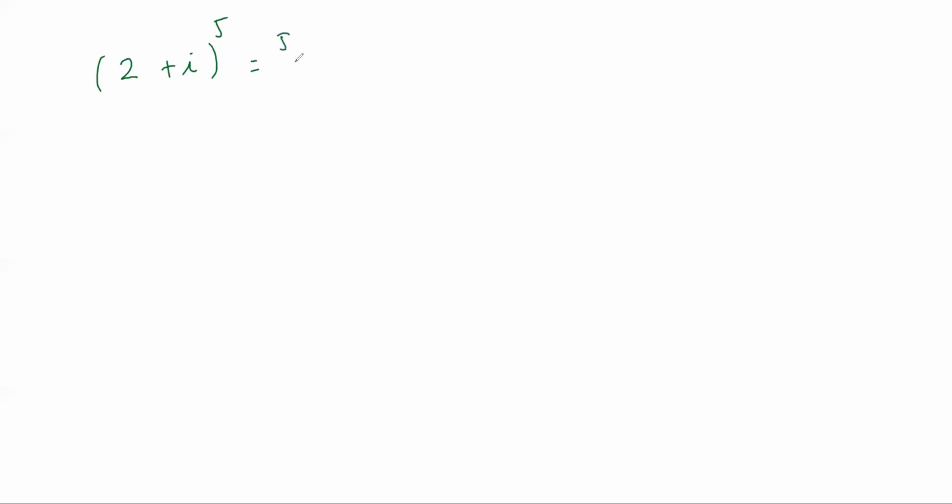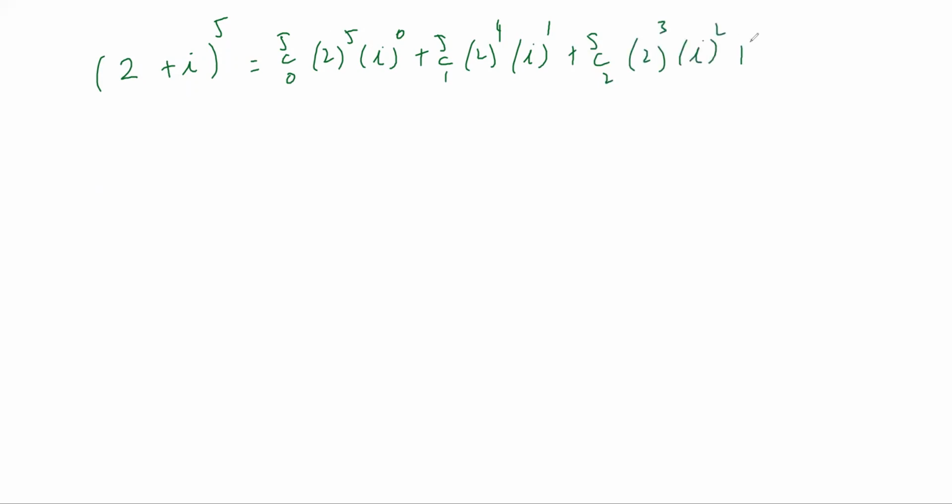So this is 5c0, 2 raised to power 5, iota raised to power 0. 5c1, 2 raised to power 4, iota raised to power 1. 5c2, 2 raised to power 3, iota raised to power 2. 5c3, 2 raised to power 2, iota raised to power 3, plus 5c4.